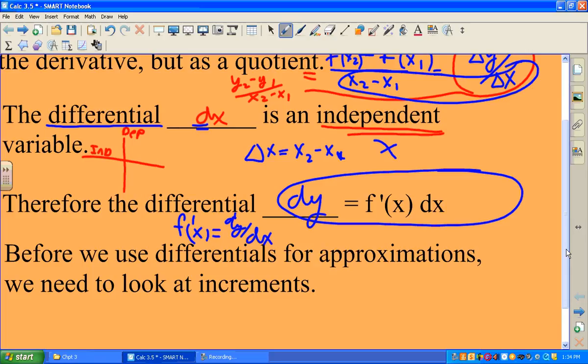We said that delta y was equal to the difference between two y values, didn't we? The actual change in y.